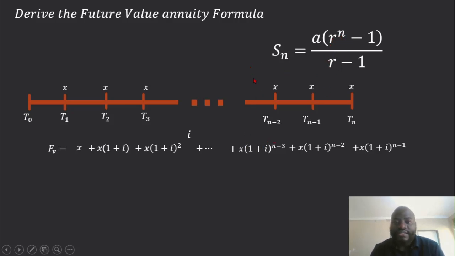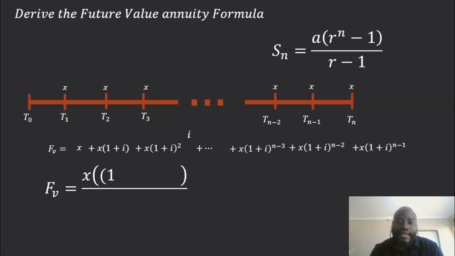So now we need to identify what our a is going to be and what our r is going to be, so that we can see what this is going to end up as. Our a is the first term, that's x, and our r is the bracket 1 plus I. So we'll substitute that in.